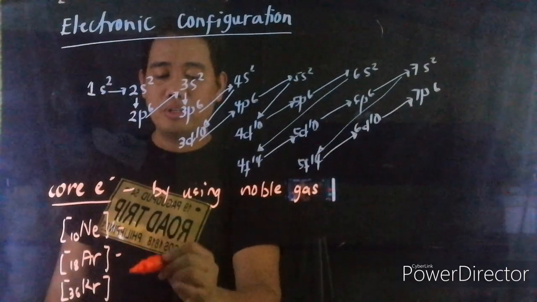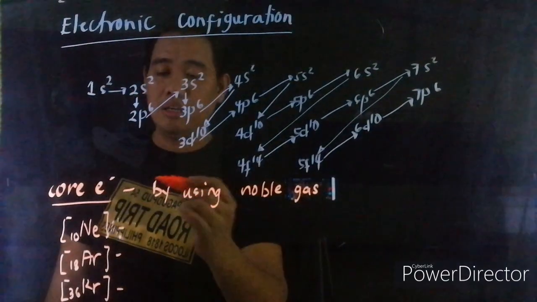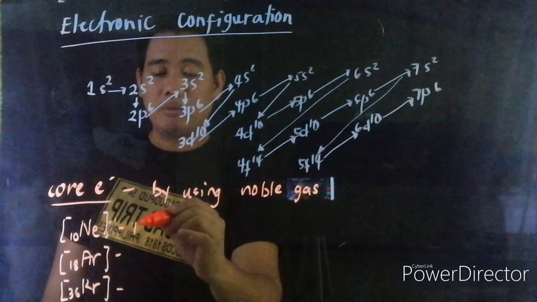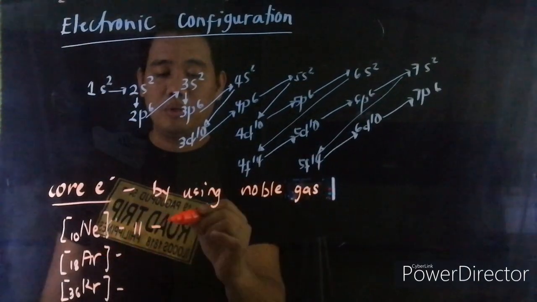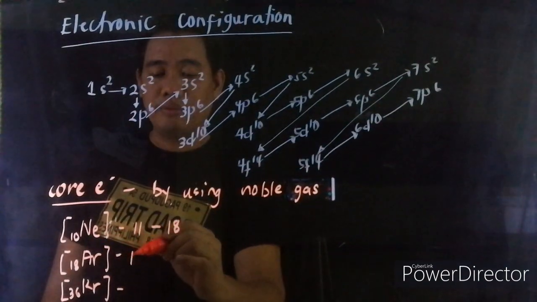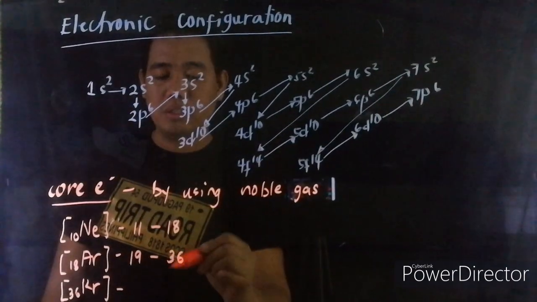But first, let us identify the ranges of its atomic number. Neon can only be used for atomic number 11 to 18. Then argon, we have 19 to 36.